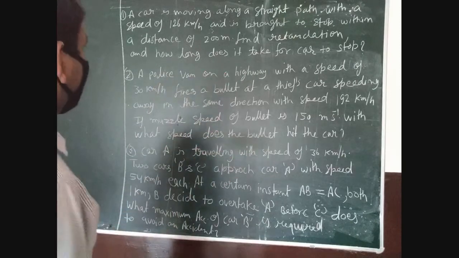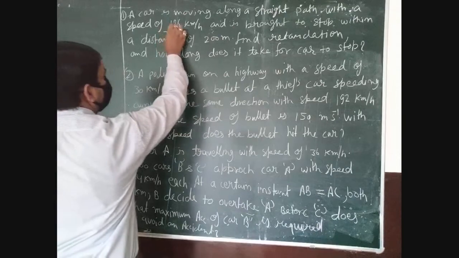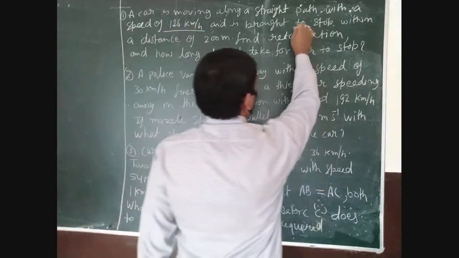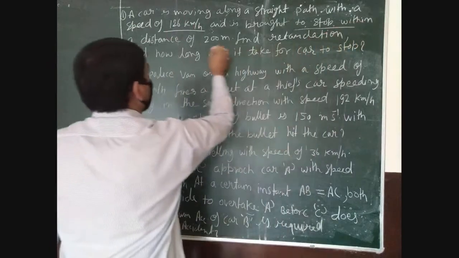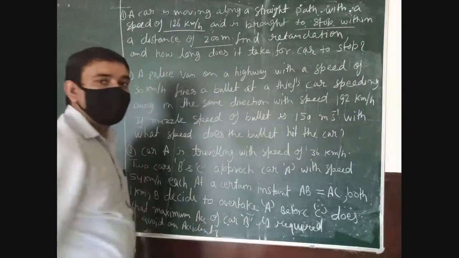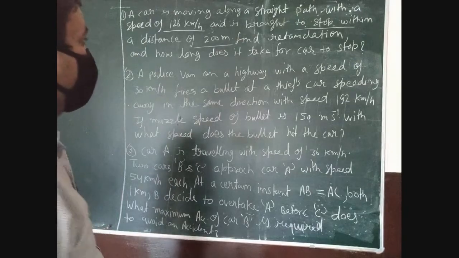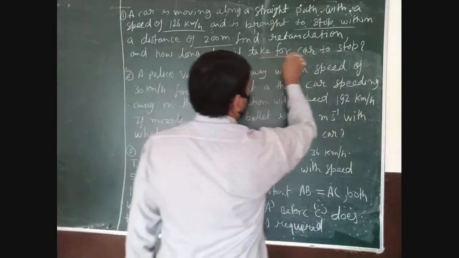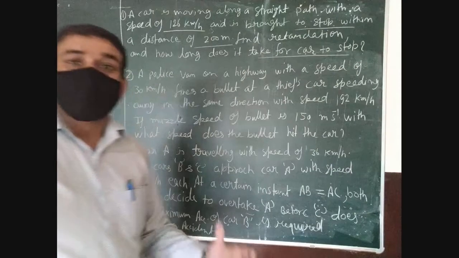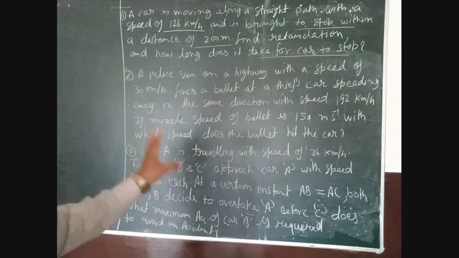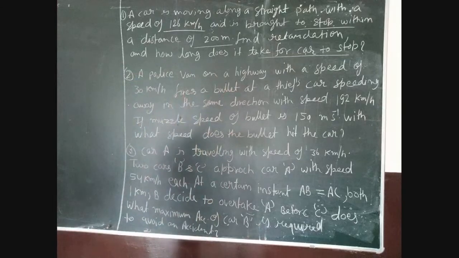Okay, so you have the initial velocity and the car is brought to stop after a distance of 200 meter. And then you need to calculate the time in between, the car is brought to stop by applying the retardation.